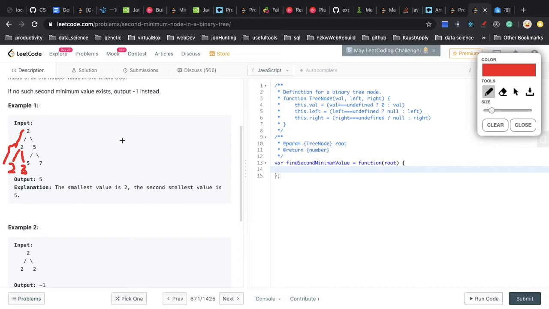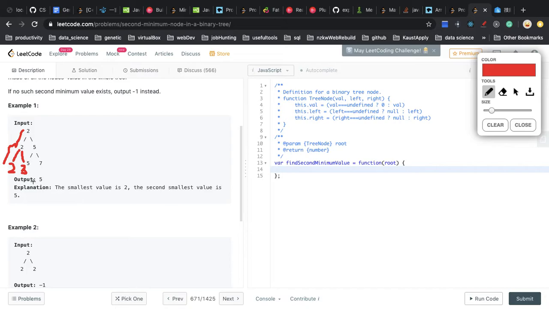And we need to keep the node 3. As you can see, node 3 is the right node of the second node. So we can keep node 3 and allow node 2 to return this value.